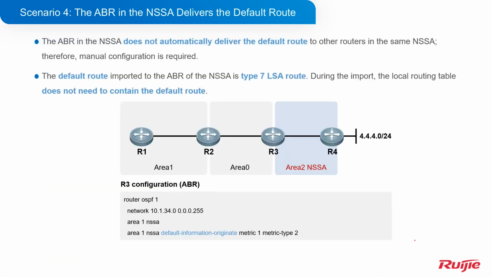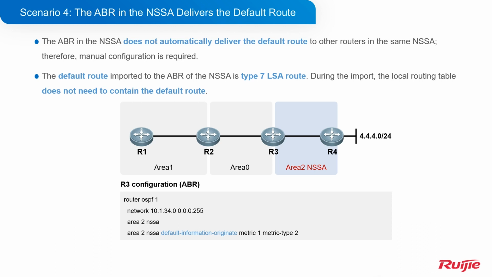And for the next scenario, the ABR in the NSSA delivers the default route. We know the NSSA area is a kind of special area, but the difference from the stub area is that for the NSSA area, we don't deliver the default route automatically, whereas for the stub area, we can deliver the default route automatically.